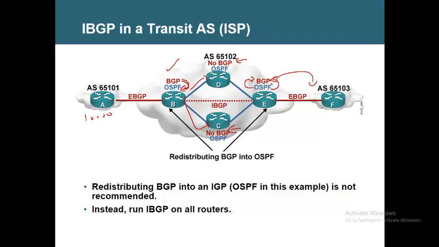So we lose the important message that is sent along with BGP updates when we redistribute. Those attributes are very important. That's why we have BGP here.